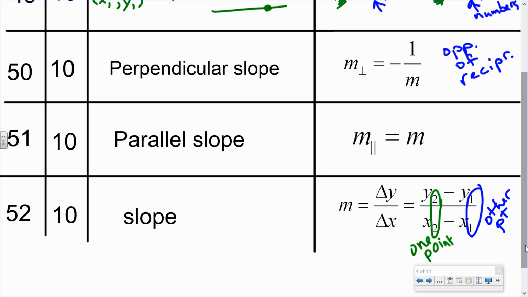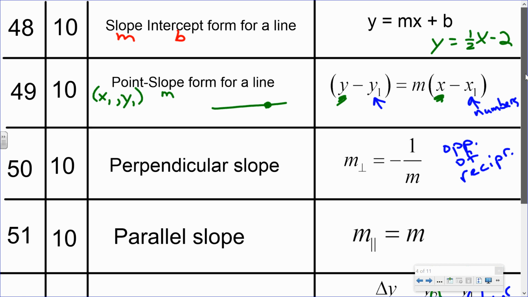Now, to make a connection between this and your point-slope formula up here, if instead of m is y2 minus y1 over x2 minus x1, I just said y minus y1 over x minus x1. So you see how that fits with our definition of slope.